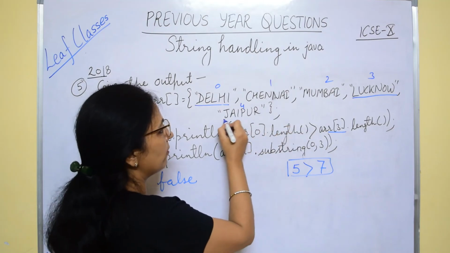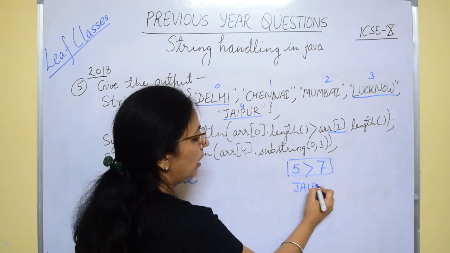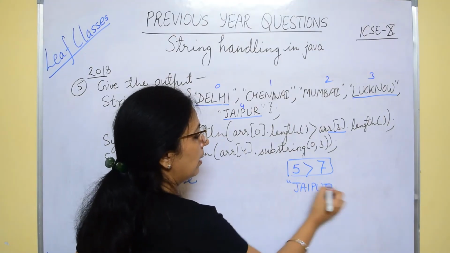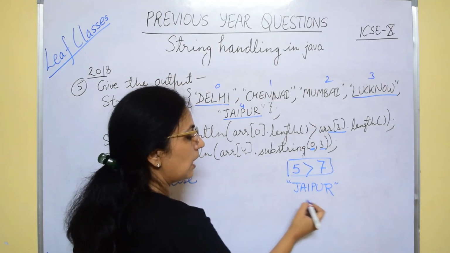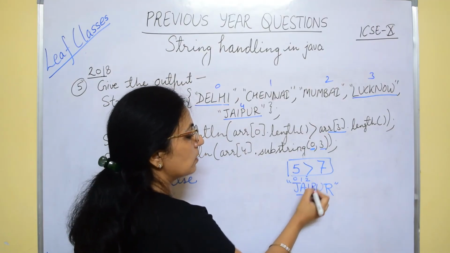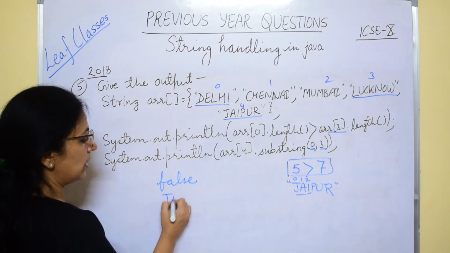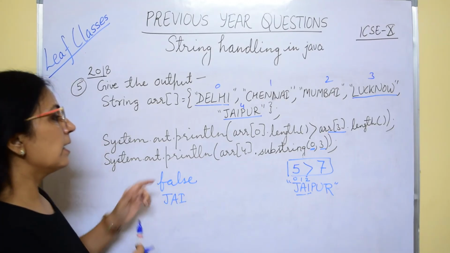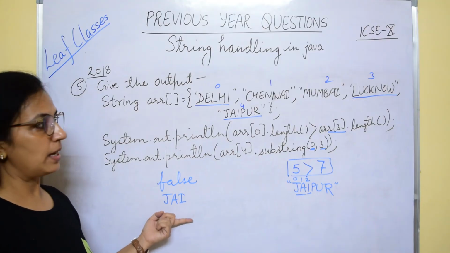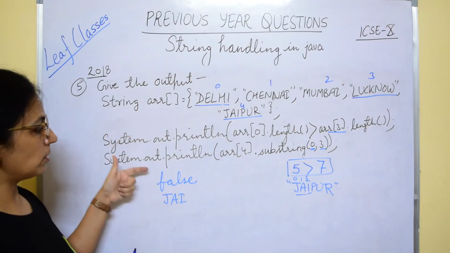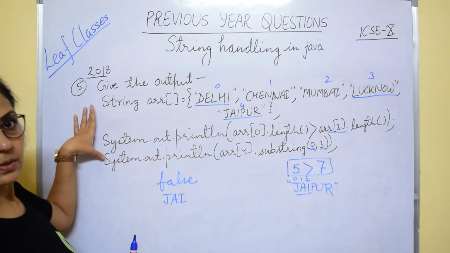ARR 4 we have Jaipur, dot substring starting from 0 till 3 but excluding 3, that is 0, 1, 2. These characters will be extracted and displayed. So the output of this statement is JAI. So we are getting the output false and JAI after execution of these three statements.